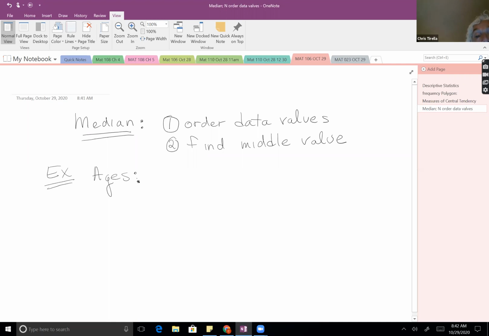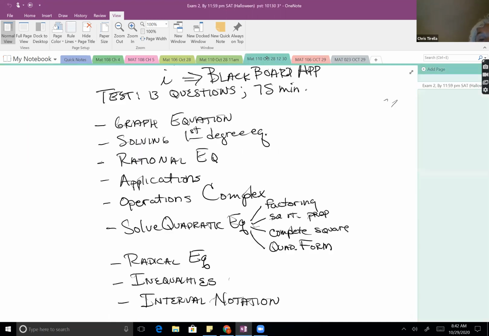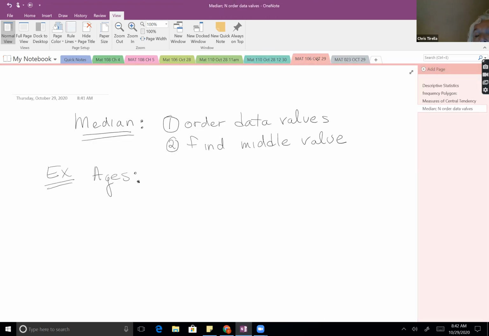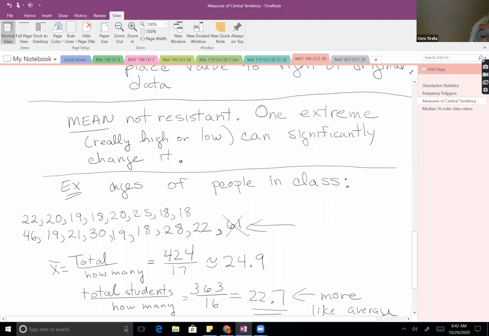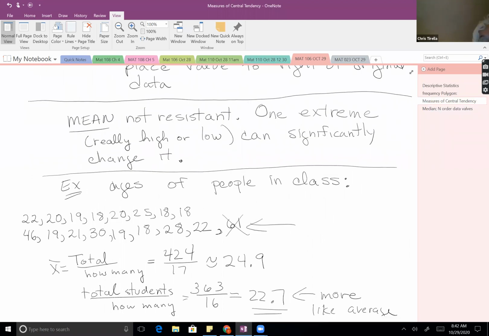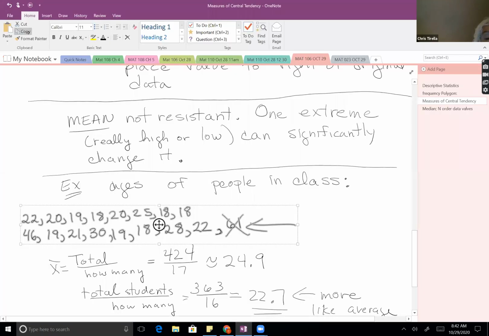Give me a second. Whoops, I switched the wrong way. The magic of cut and paste. I'm going to move this data to the other page.